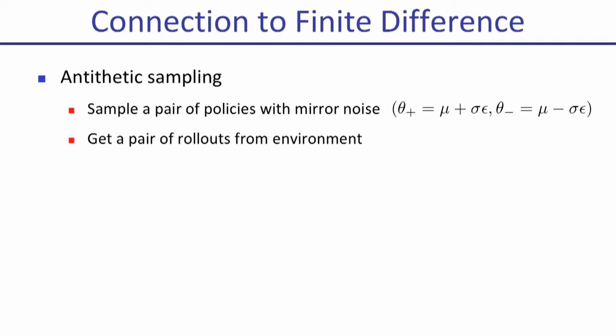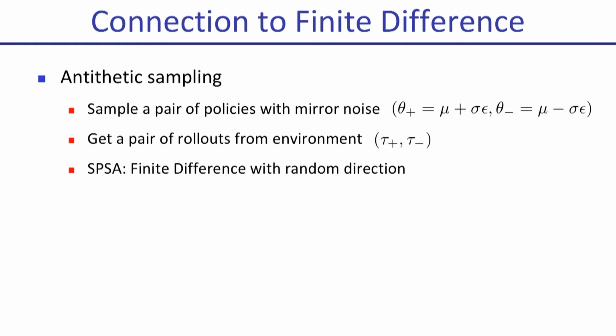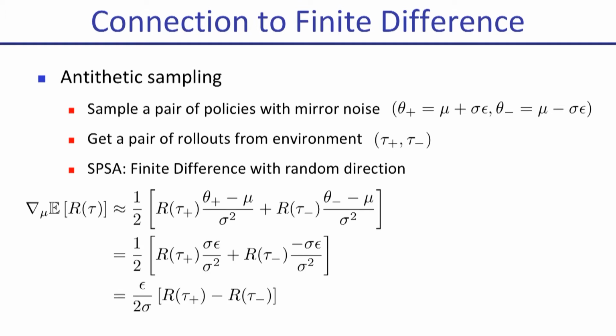And what we will do is draw pairs of policies like this, and then we get a pair of rollouts from the environment. Let's call them tau plus and tau minus. And then if we write down the policy gradient of this estimate, what we end up with is basically finite difference with random direction.